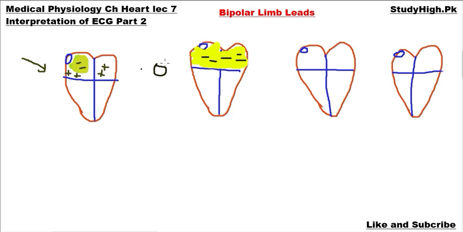If we connect this region of the heart with an electrocardiographic meter, negative terminal with negative region and positive terminal with positive region, we will receive a strong positive deflection.